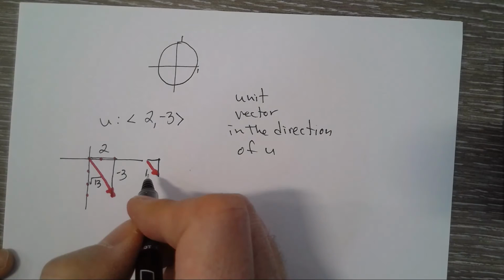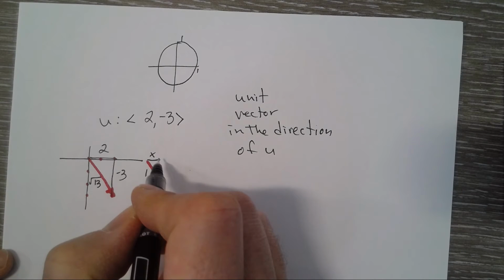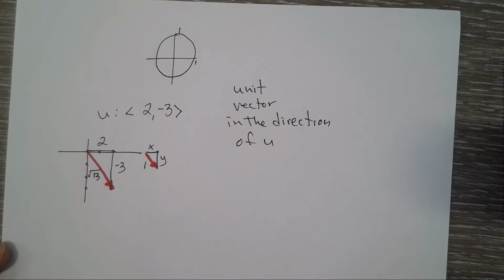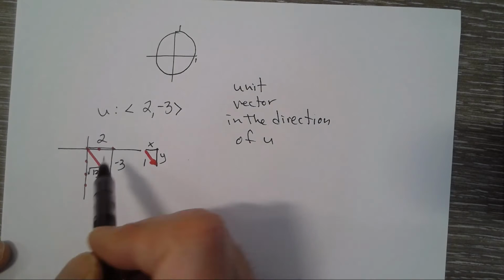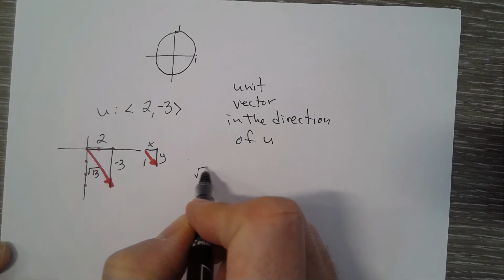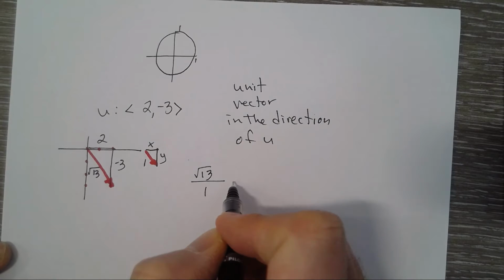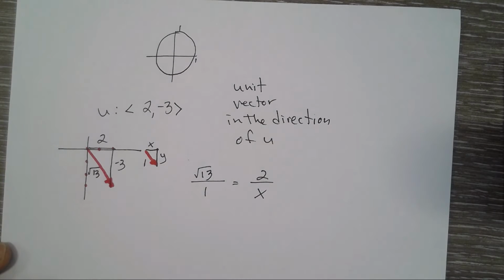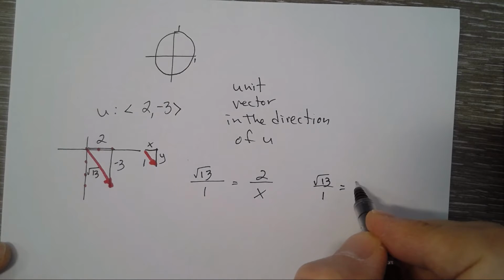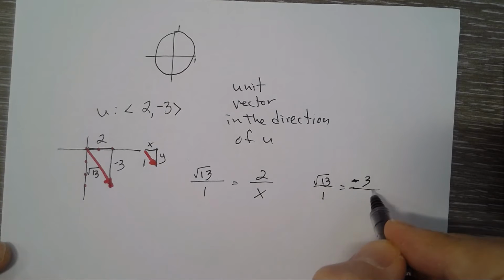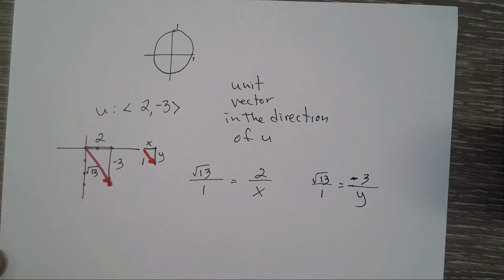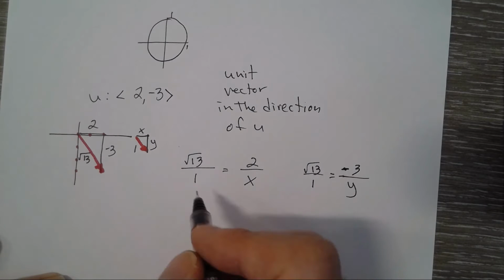So we know that's 1, so I can call that x, and I can call that y, and I can solve for x and y because these two triangles are similar. So that means the ratio of their sides is the same. So I could say square root of 13 is to 1 as 2 is to x, and I can say the square root of 13 is to 1 as negative 3 is to y. So I can solve for x, I can cross multiply.